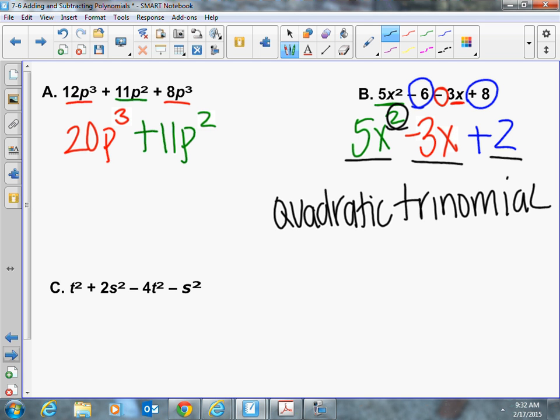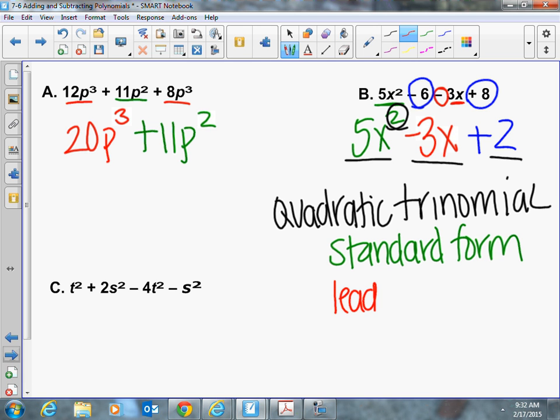To throw some more vocab at you, this answer is written in what we call standard form. Standard form means that you write your answer from largest exponent going down to smallest exponent, okay? And then another vocab word is leading coefficient.